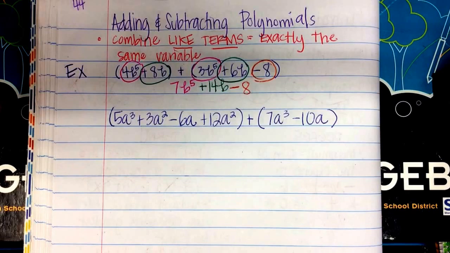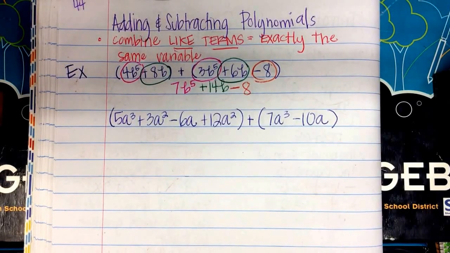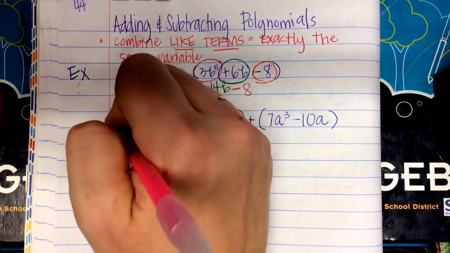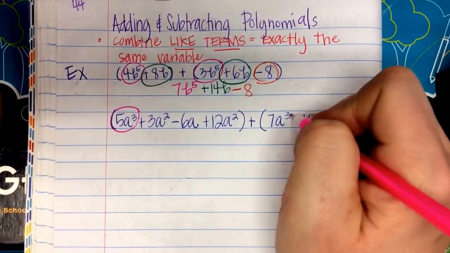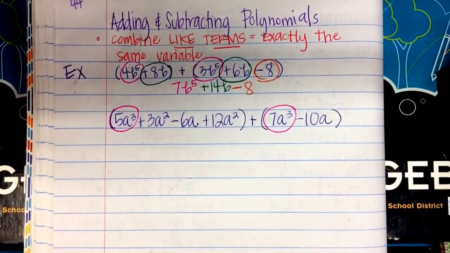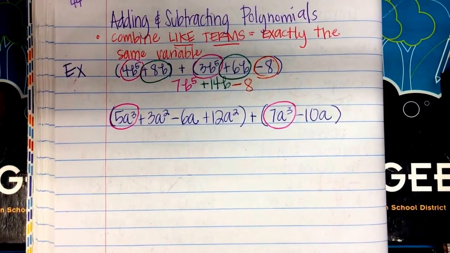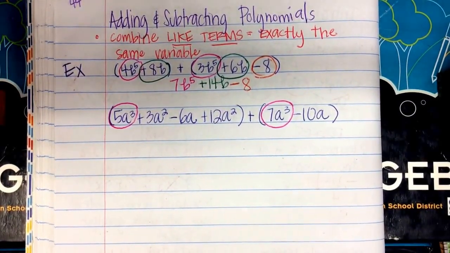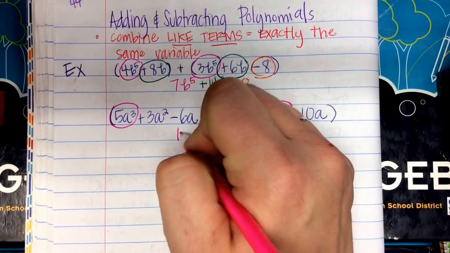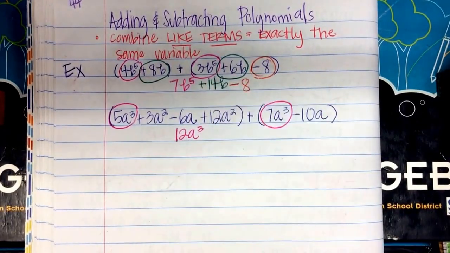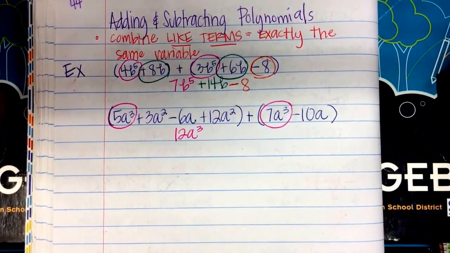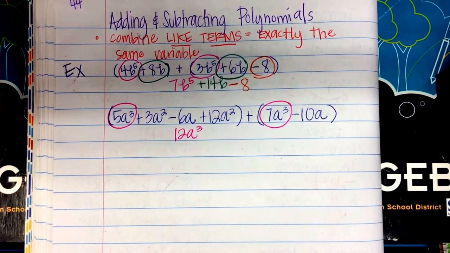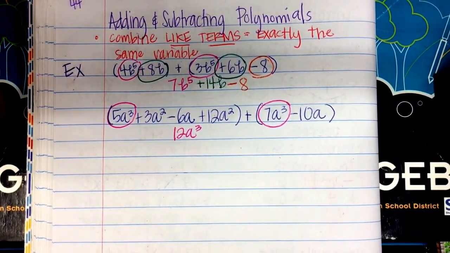Who knows one grouping? Keegan? 5a to the 3rd and 7a to the 3rd. Great. 5a to the 3rd plus 7a to the 3rd. 5 plus 7 is 12a to the 3rd. What can go next?